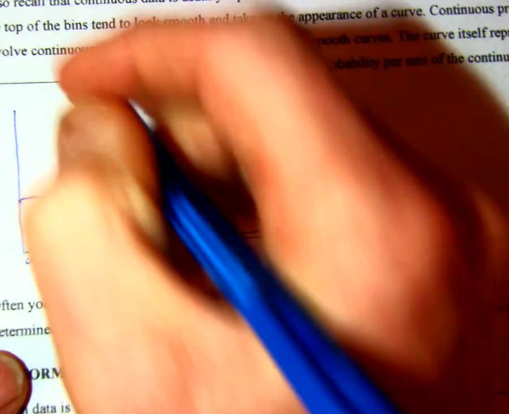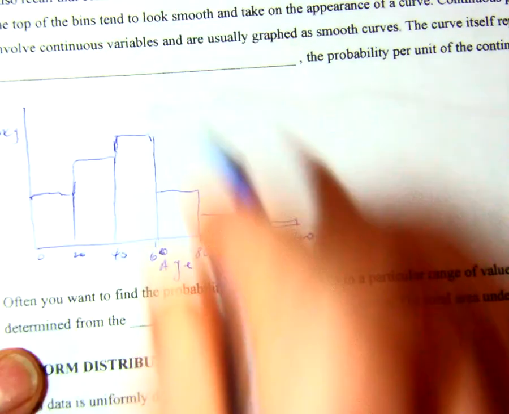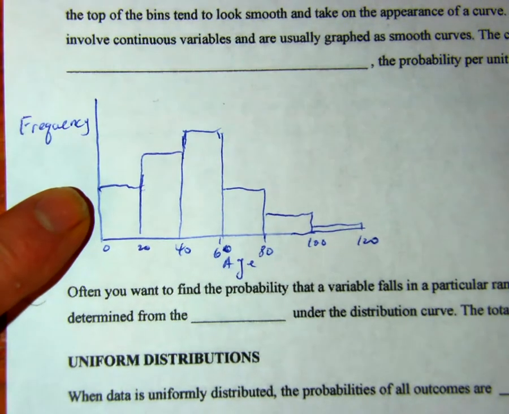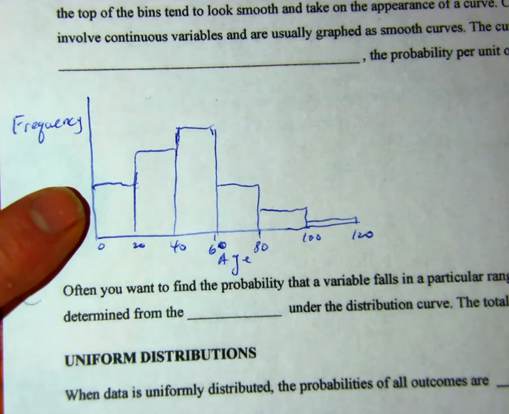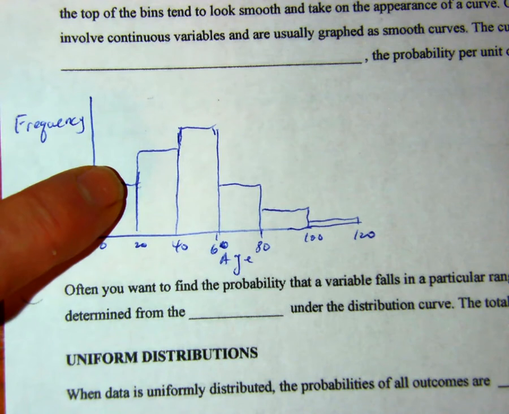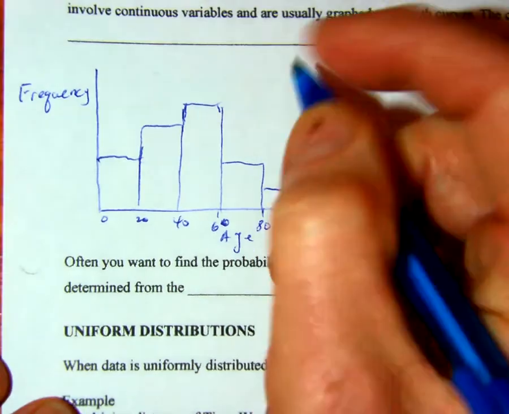And we could just measure the absolute frequency, and this could be millions of people. What's the population in Canada? 35 million, something like that, maybe 36 million. So maybe 8 million are between 0 and 20, maybe 10 million are between 20 and 40, and so on. So frequency would be just the numbers.